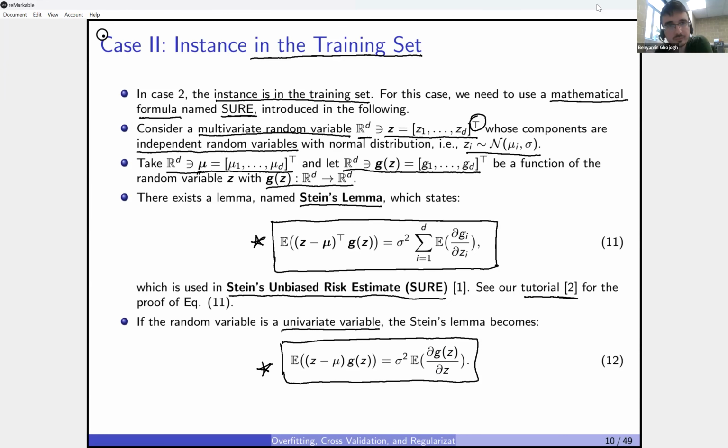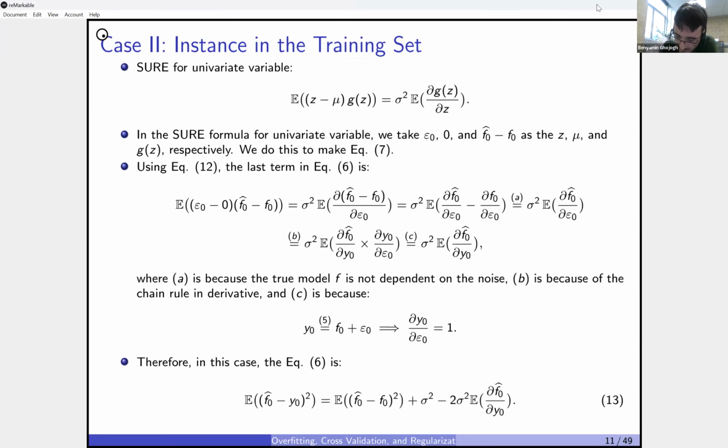I'm repeating that SURE formula for the univariate variable here. Now in the SURE formula for a univariate variable, let's take Z to be epsilon 0, and mu to be 0.